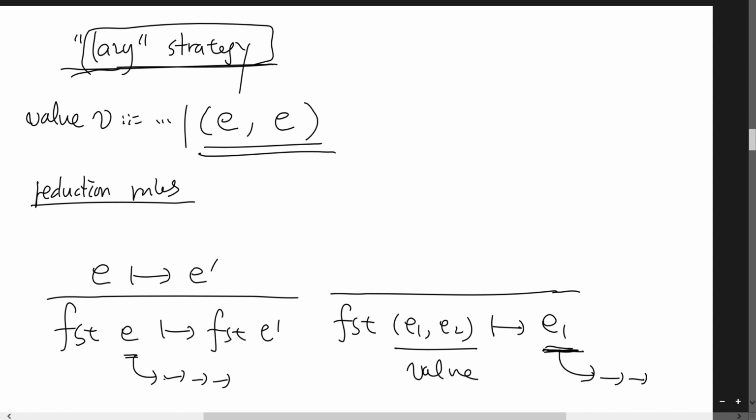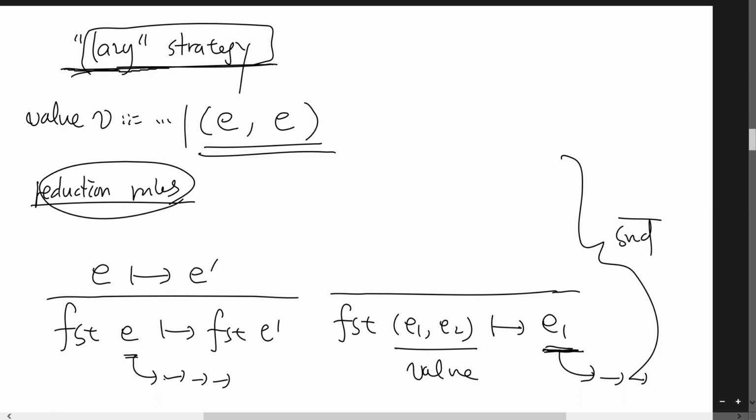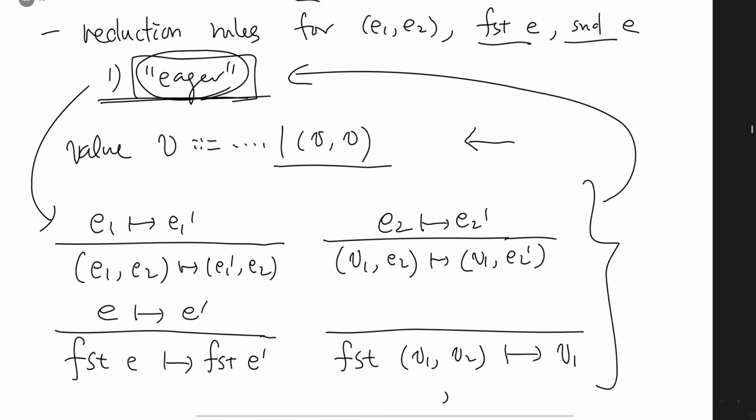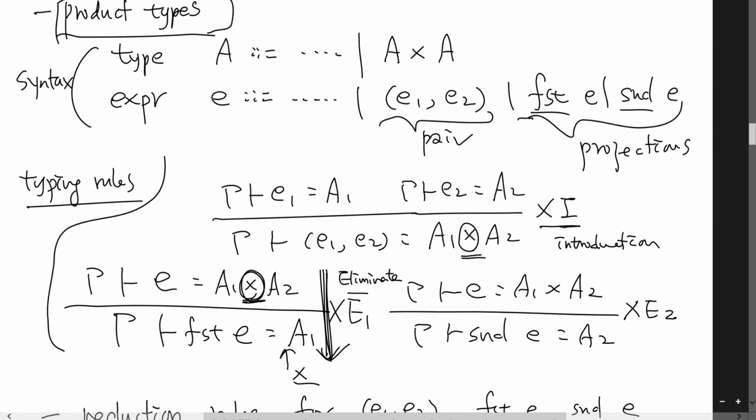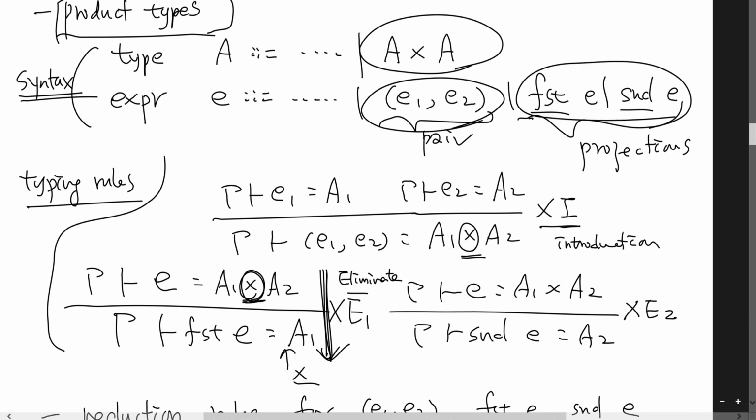And for this second projection, we also have a similar pair of rules. So these are the reduction rules when we choose the lazy strategy for pairs. So for product types, we extended the syntax with these product types, with the pairs and two forms of projections.